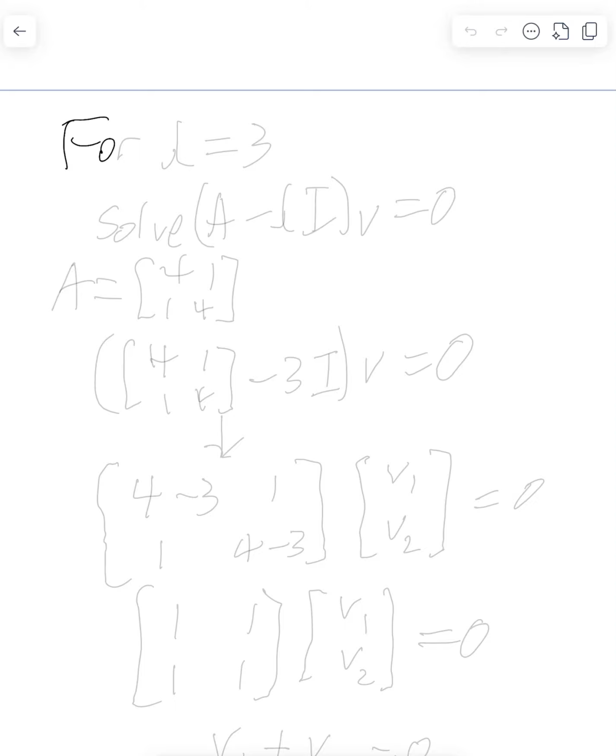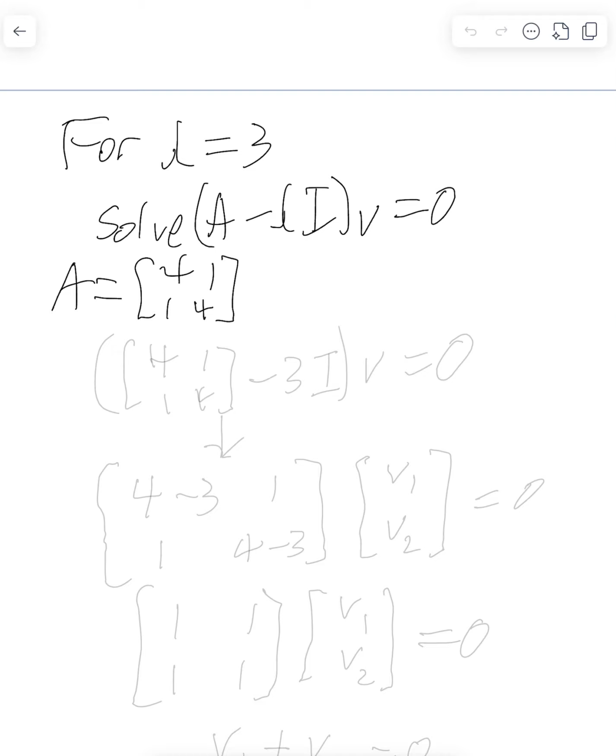So for lambda equals 3, you would solve the same function. You would solve (A minus lambda I) v equals 0. You can just substitute lambda right in, and just for reference, A is equal to 4, 1, 1, 4. That's given in the beginning of the problem.